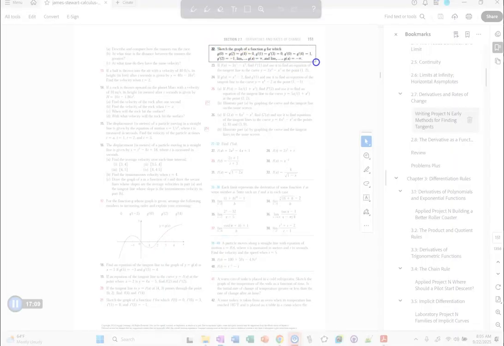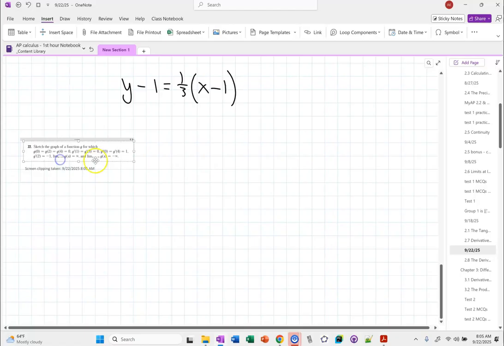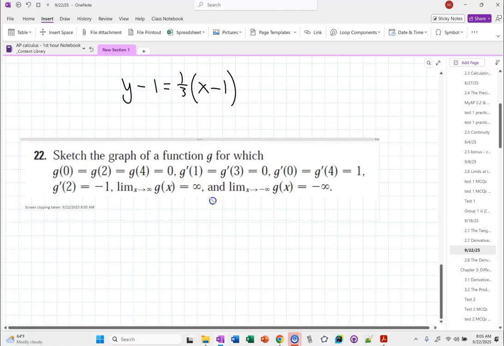That's not where that was supposed to land at all, but whatever.